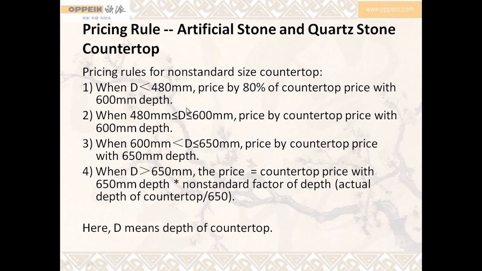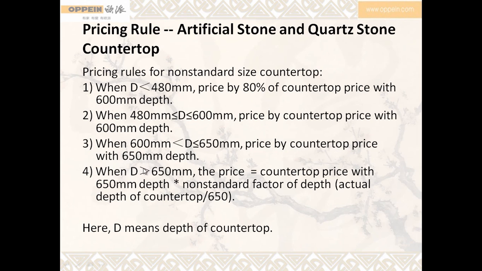2. When D is no less than 480 millimeters and at the same time no more than 600 millimeters, then price by the countertop price with 600 millimeters depth. 3. When D is more than 600 millimeters and no more than 650 millimeters, price by the countertop price with 650 millimeters depth. 4.